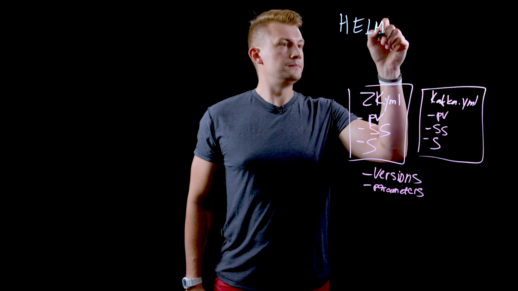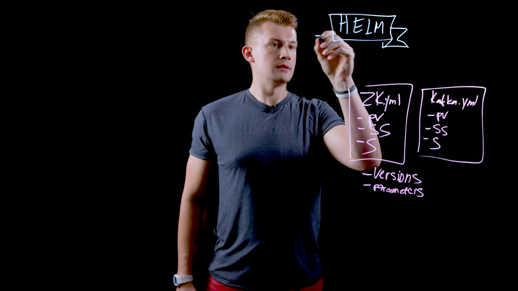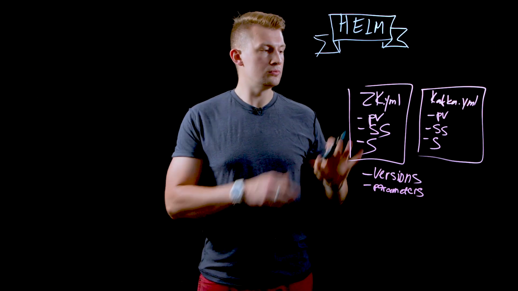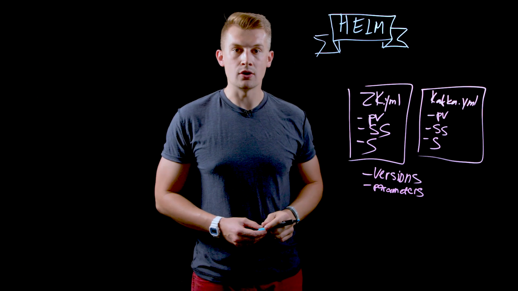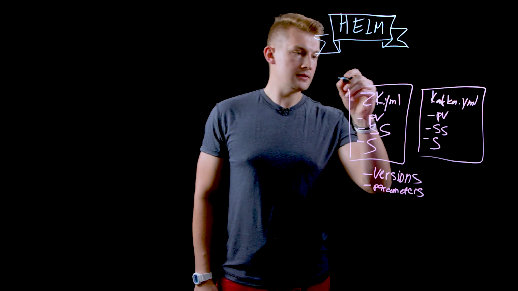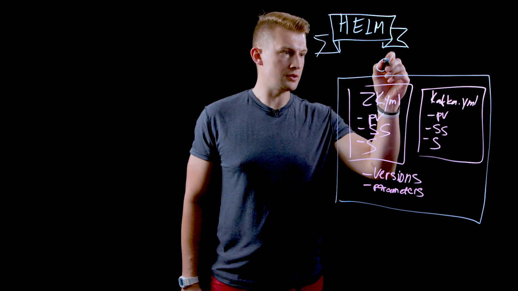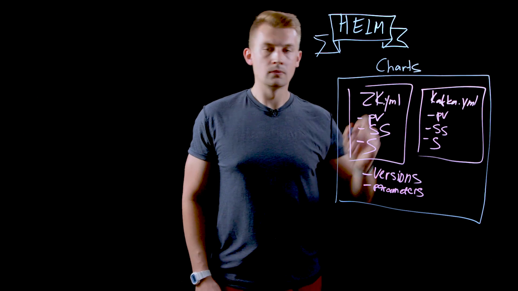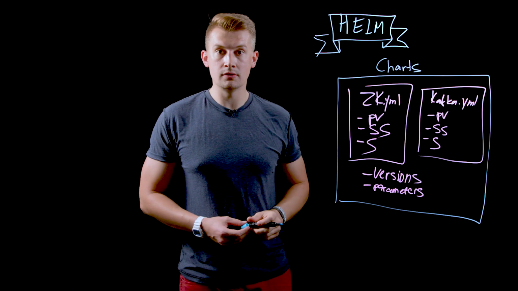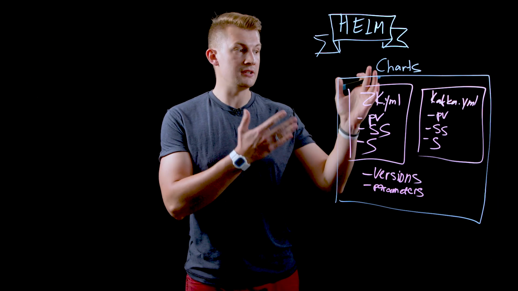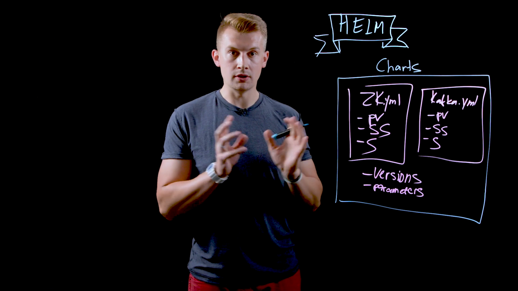Enter Helm. Helm is an open source tool that provides ways to deploy not just individual YAML files, but also whole applications. And these applications in the Helm world are called charts. Helm follows the same naval theme that the whole Kubernetes community does, and the charts basically define the map or manifest of how this application will be deployed as a whole.